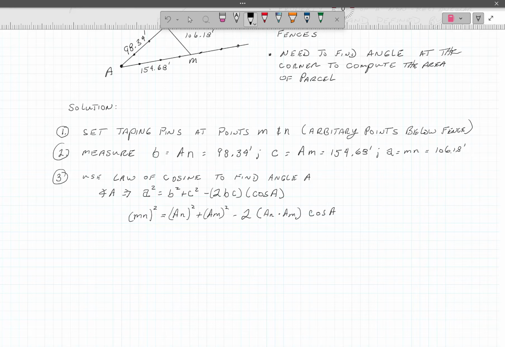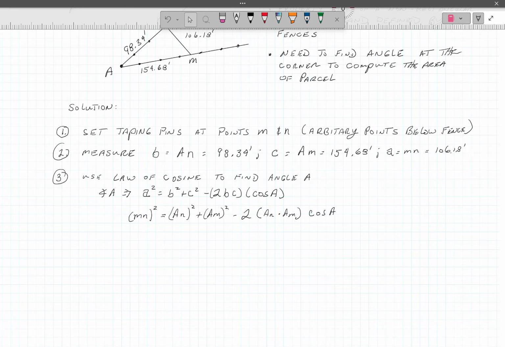The ways to do that are complicated if you put all the numbers in.